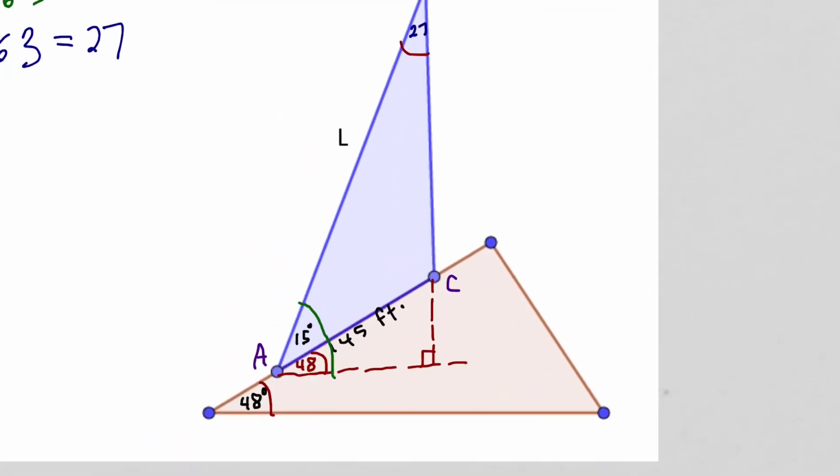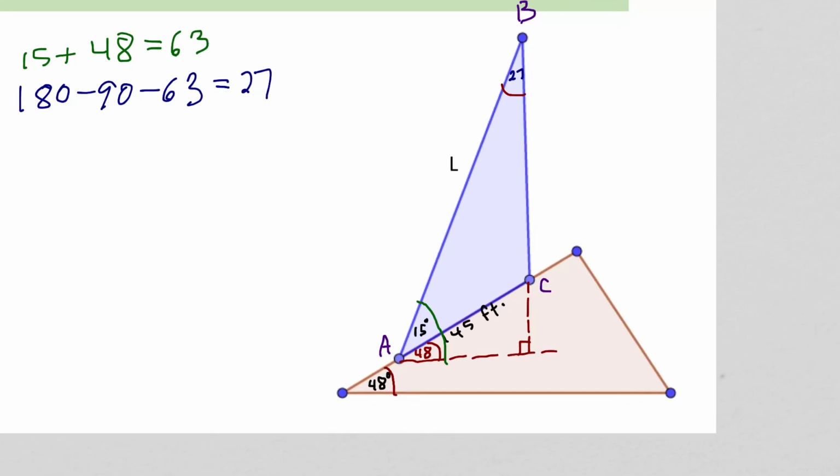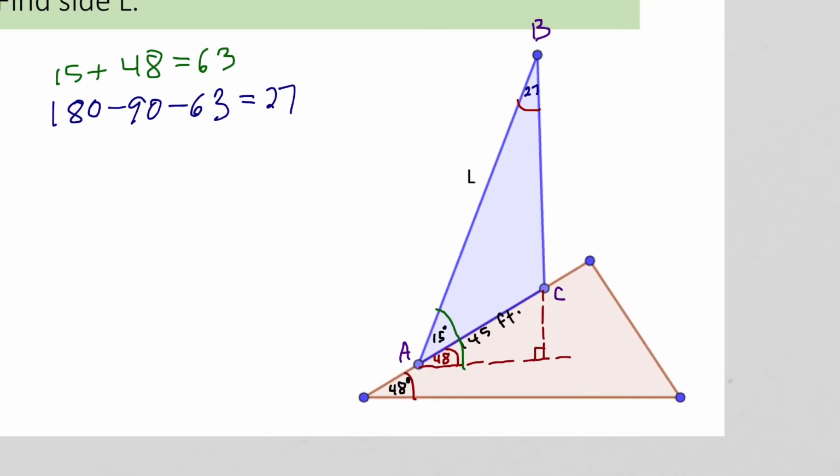Now I have enough information on that purple triangle in order to set up the law of sines. I'm going to say sine of 27 over its opposite side. So that's this one here, 145.